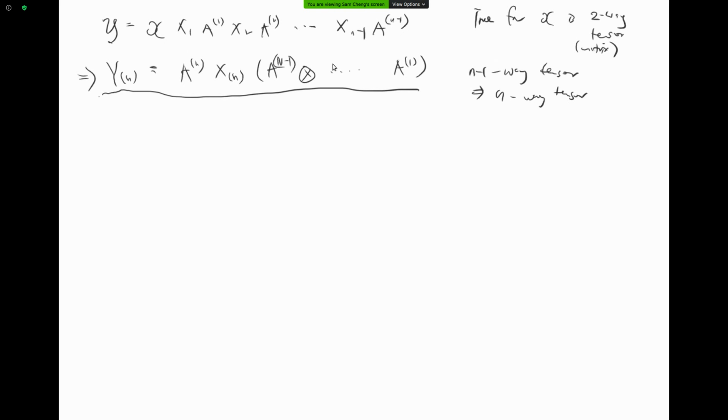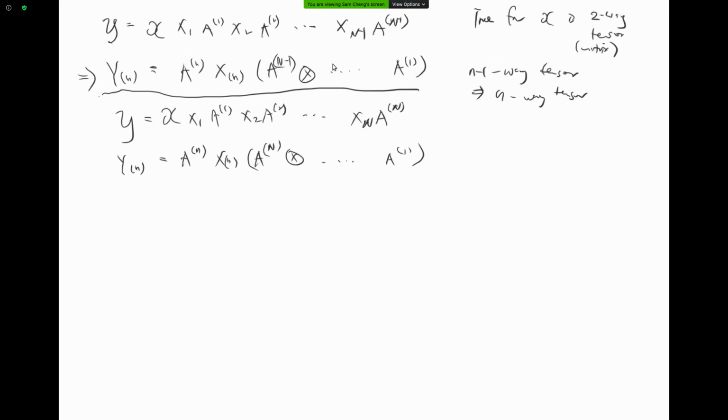So I want to show that if y equals x, x1, a1, a2 up to xn, this time mod capital N multiplied with up to a capital N, then yn is equal to a n xn, now starting from n up to a1.